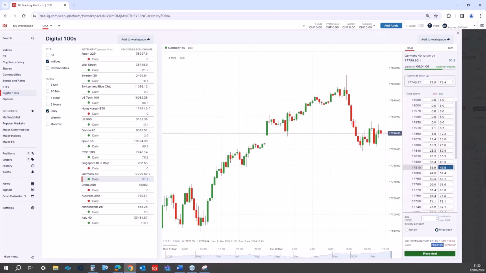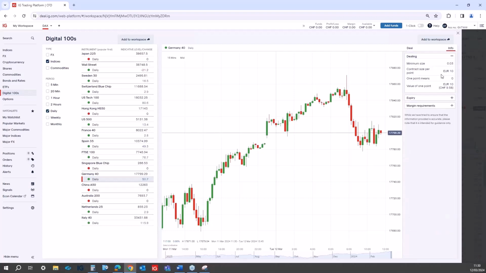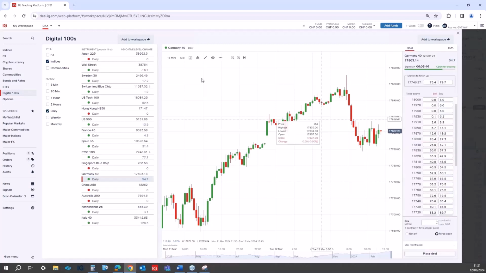And then you also see what your profit profile could look like. Again, in the info sheet regarding the expiry, here it's a daily one now, of course, but if you look at weeklies, you will have a different expiry date where you can check a couple of details also regarding settlements. Again, cash settlement only. So do have a look.